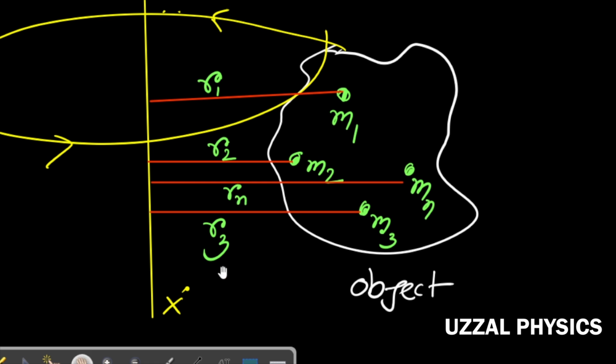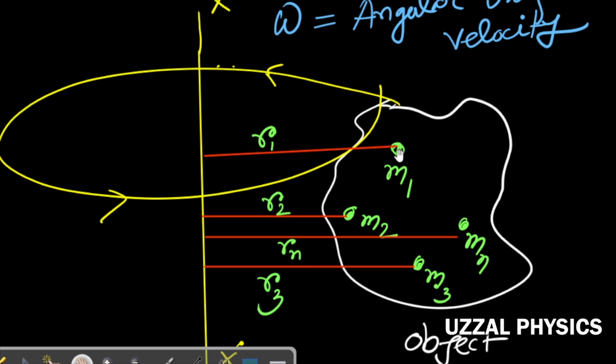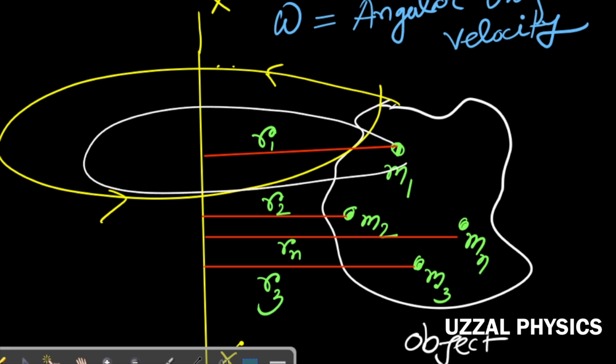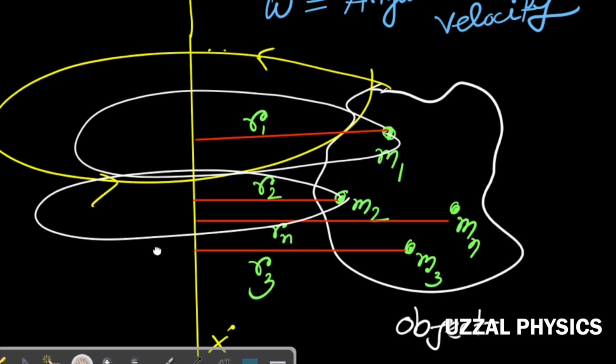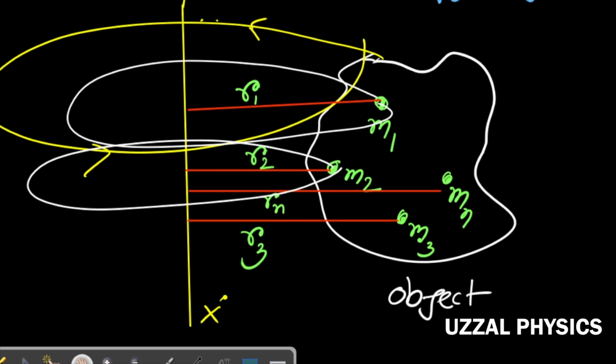Try to understand, if this particle rotates, then this will be the circular path of this particle. For this object this is the circular path, and by this way every particle has a different circular path, and the radius will be different for each particle.